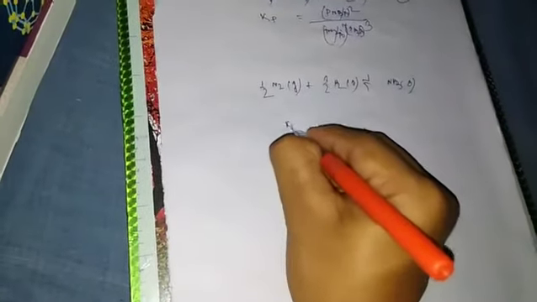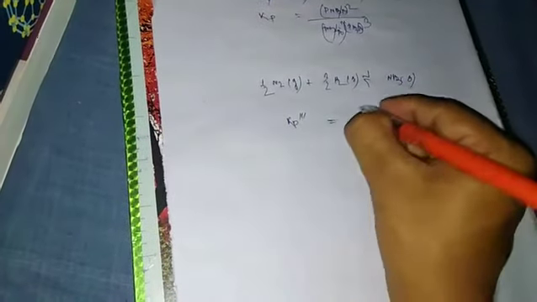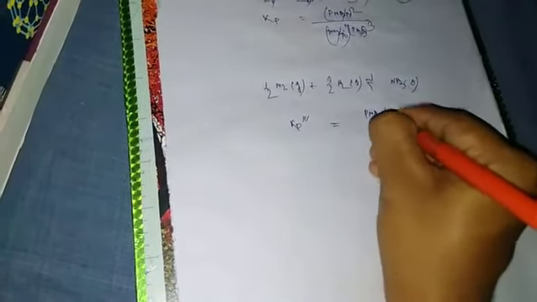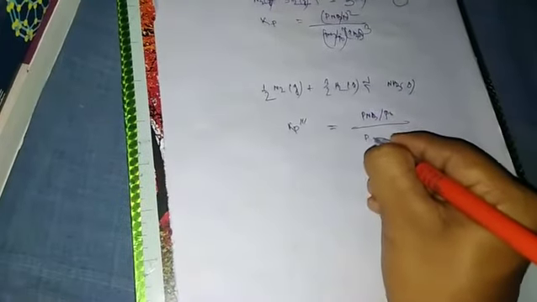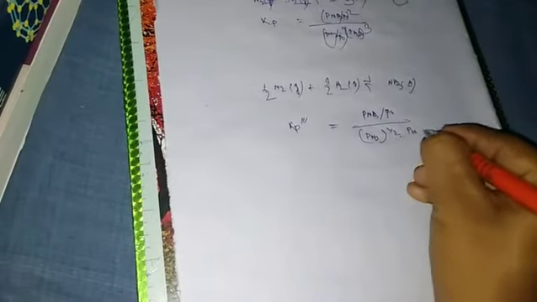For this reaction, Kp triple dash equals partial pressure of NH3 by partial pressure of N2 to the power half into partial pressure of H2 to the power 3 by 2.